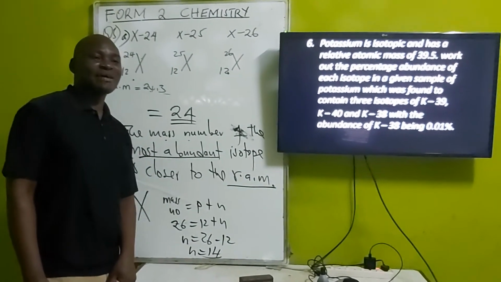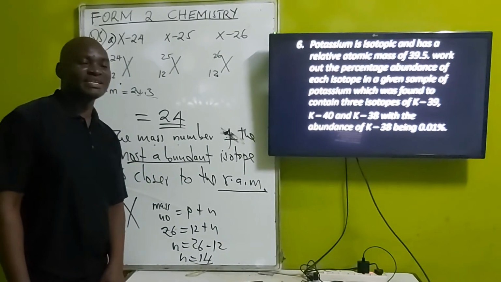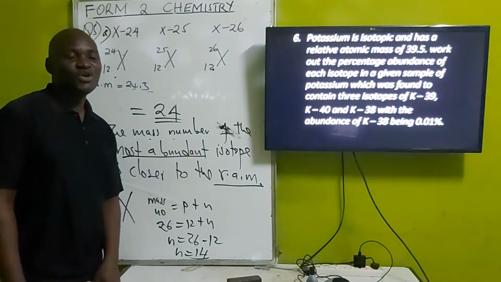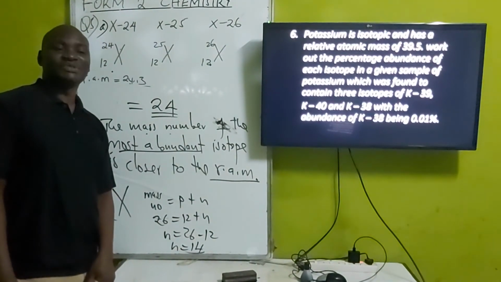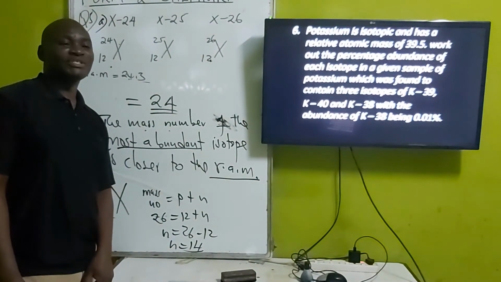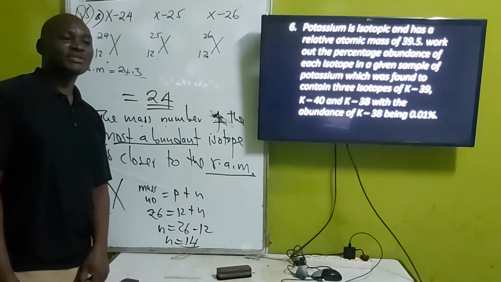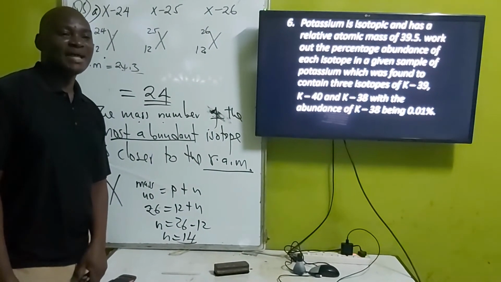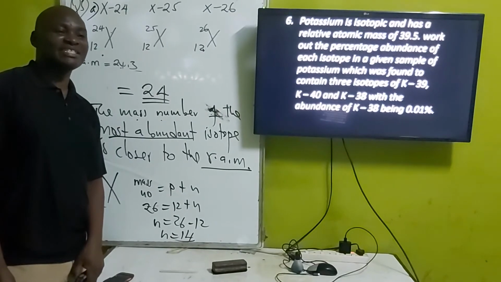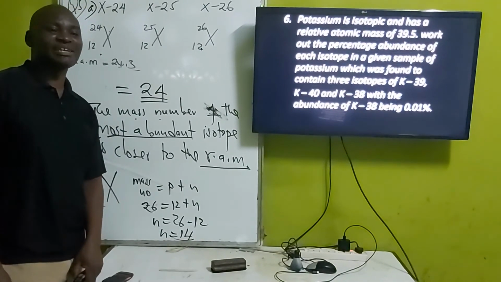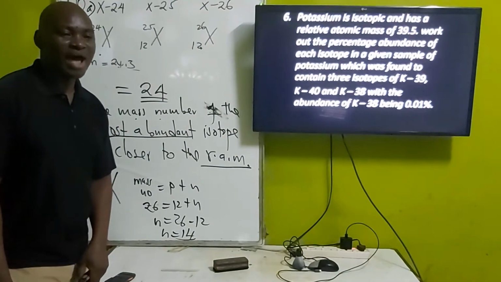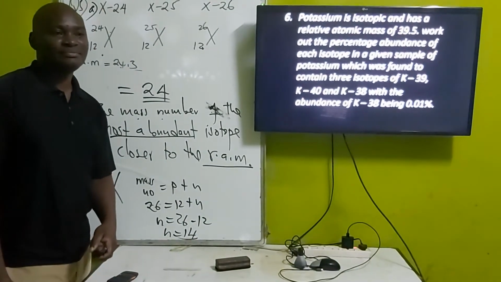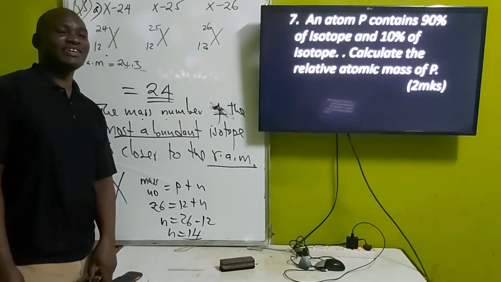Work out the percentage abundance of each isotope in a given sample of potassium which was found to contain 3 isotopes of potassium: potassium 39, potassium 40, and potassium 38, with the abundance of potassium 38 being 0.01%.